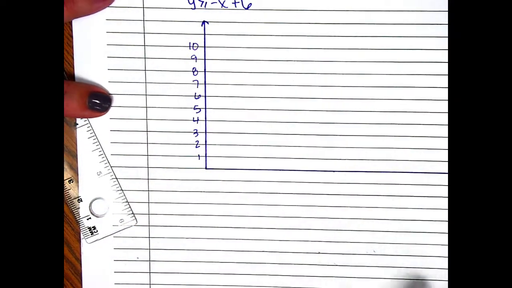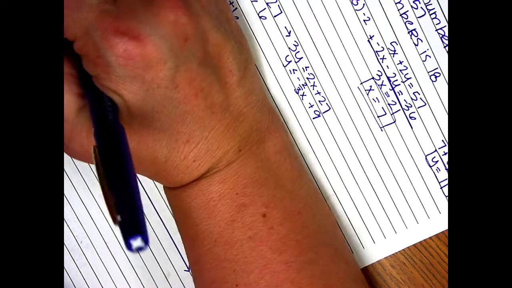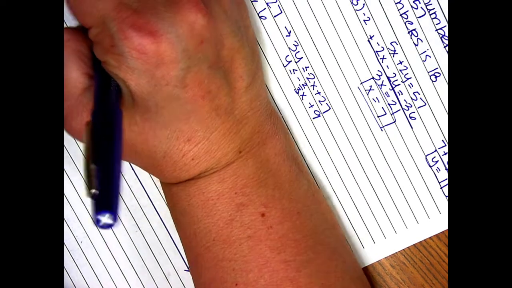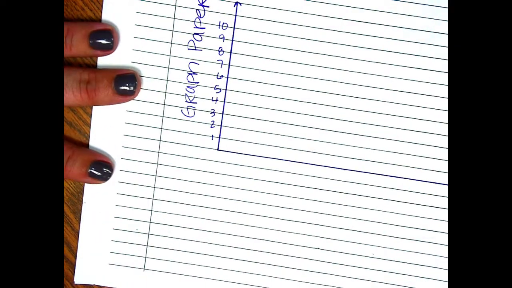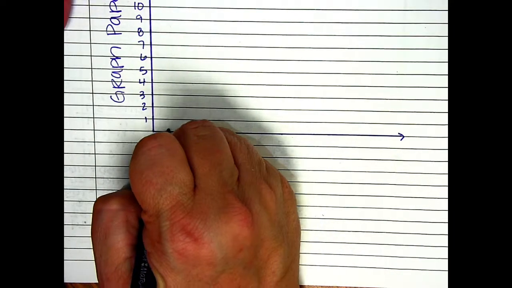Going up the y-axis would be our graph paper, and along the x is going to be printer paper.